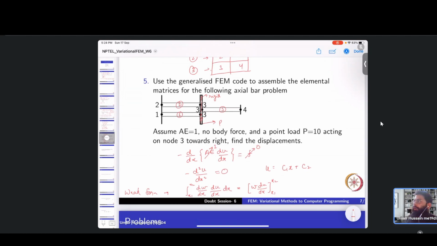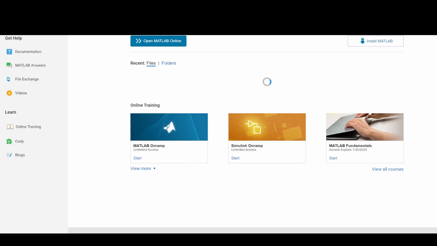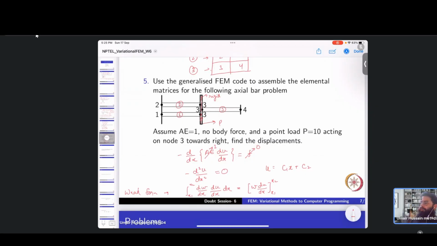So we'll try to do it using MATLAB now. Let me first open MATLAB here on my system, and then I'll share the screen.